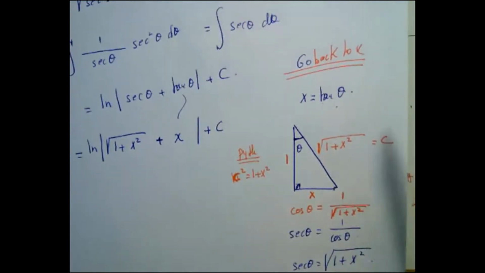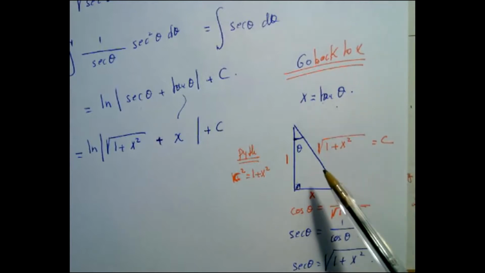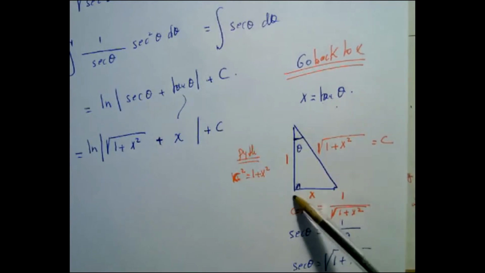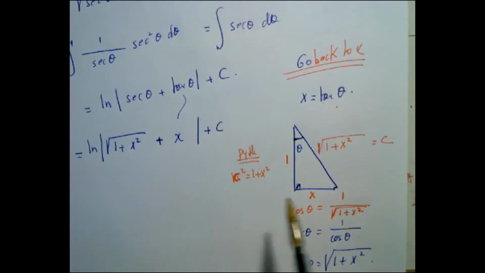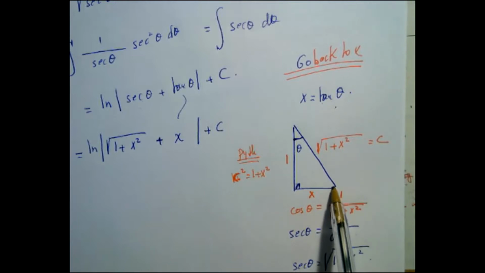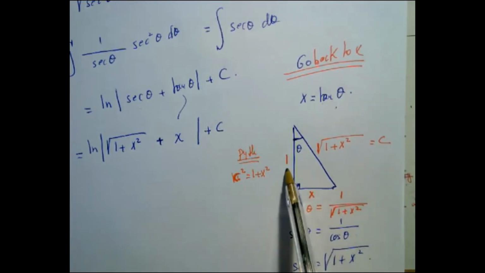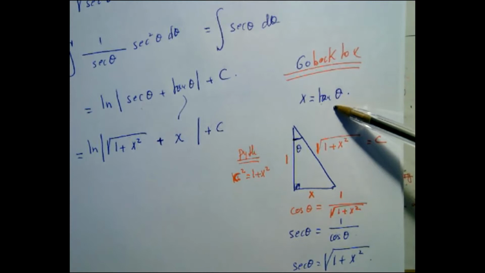And then we say, okay, what's the relationship between theta and x? x is the tangent of theta. So I constructed a triangle and I labeled it so that it reflects this picture. So tangent is opposite over adjacent. So I labeled the opposite x, the adjacent 1. You can pick the labeling the way you want, as long as it matches the picture you have.